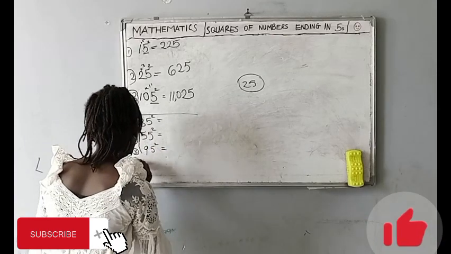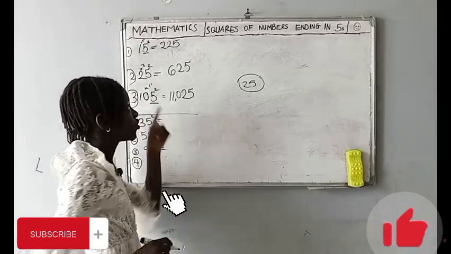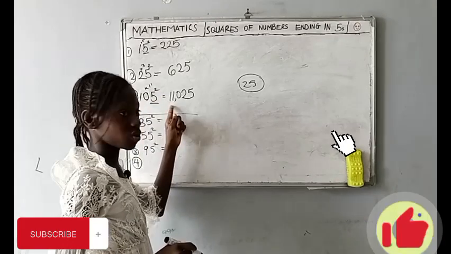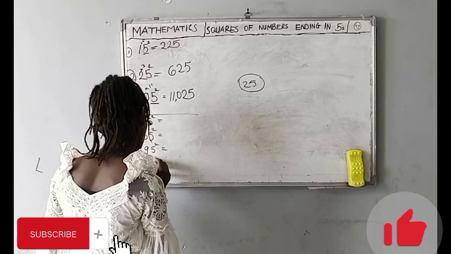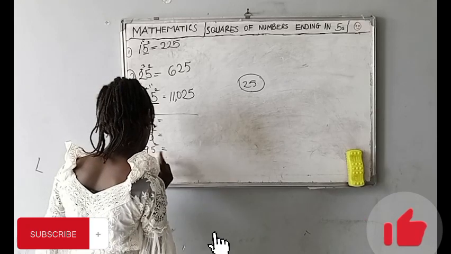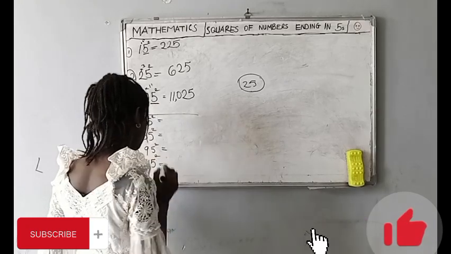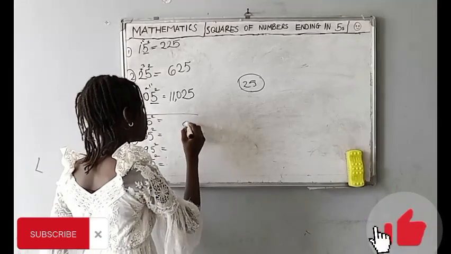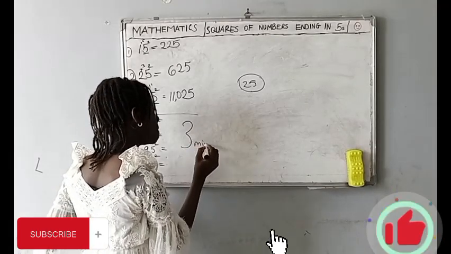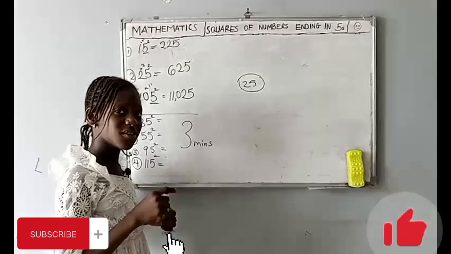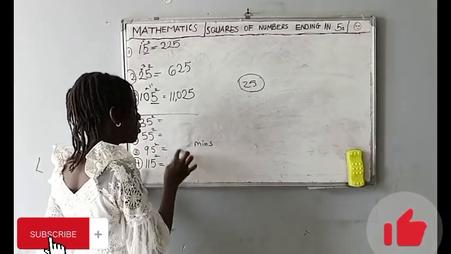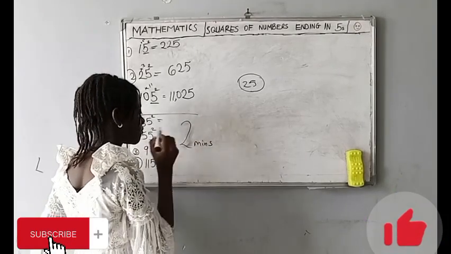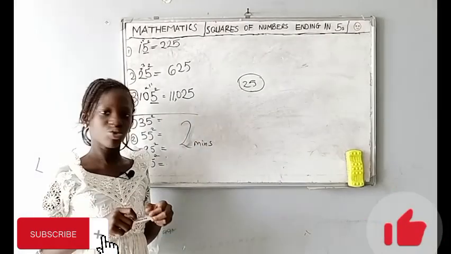Then number 4, I'm going to give you a 3-digit number like this one, 115 squared. Find all these in just 3 minutes. Make sure you solve this in 2 minutes.